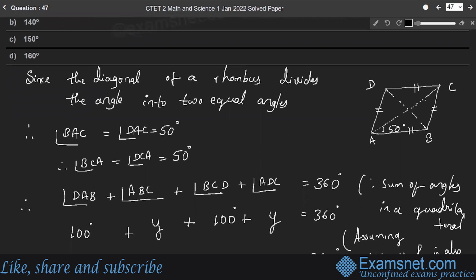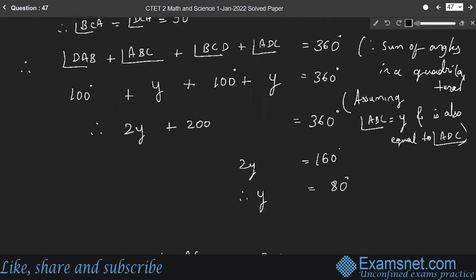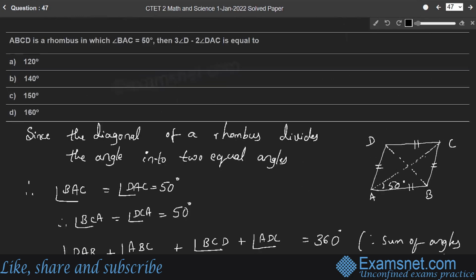DAC is also equal to 50 degrees. So it is 3 into angle D, which is 80 degrees, minus 2 times angle DAC, which is 50 degrees. That is 240 minus 100, which is equal to 140 degrees. Hence, the answer is option B.